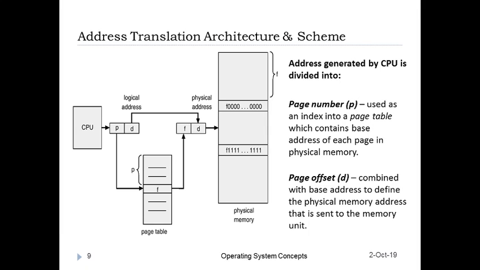So using the page table, we can convert a logical address to a physical address. That means the page table maintains the information about pages and frames, and whenever a logical address is generated, the page table is used to convert it into a physical address. Here the page number is the page index, and the page offset is combined with the base address to define the physical memory address. This is called the address translation architecture and scheme. This is for paging only. For segmentation it is somewhat different.